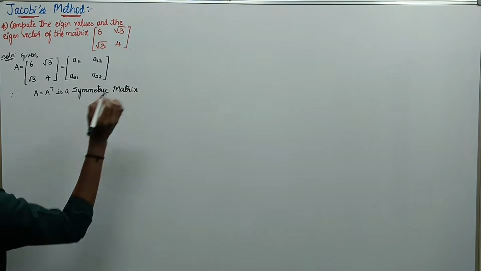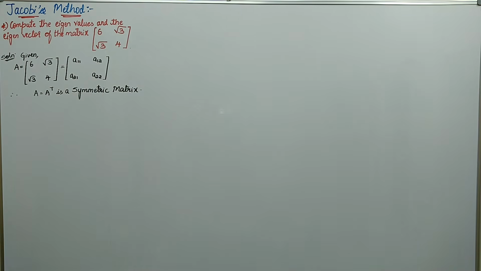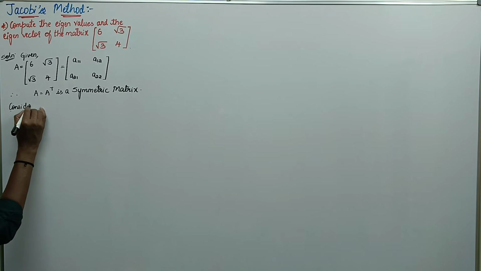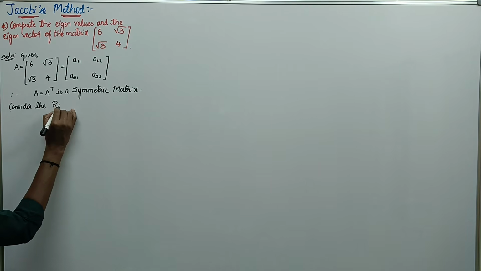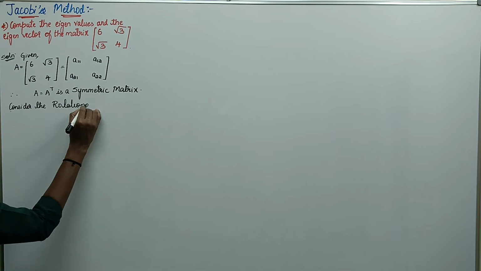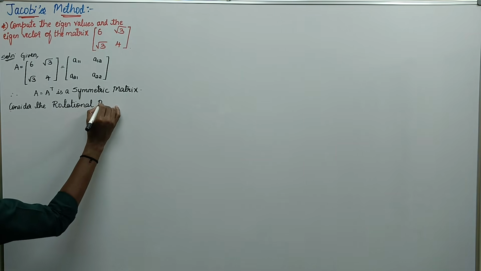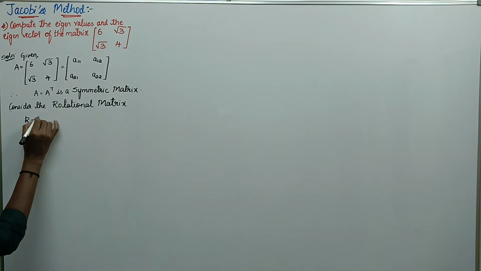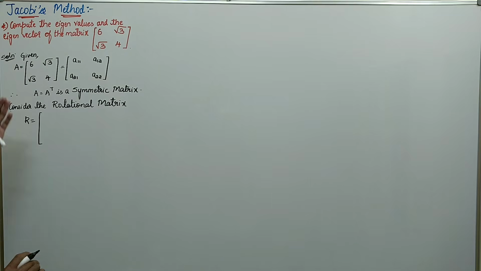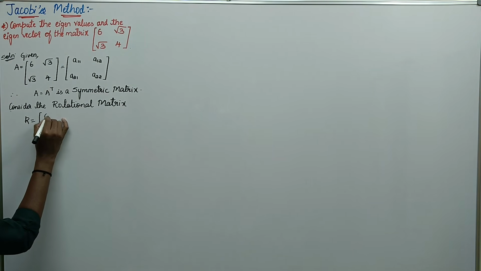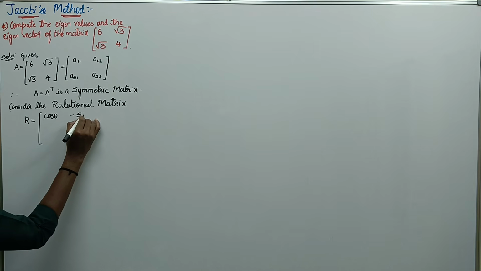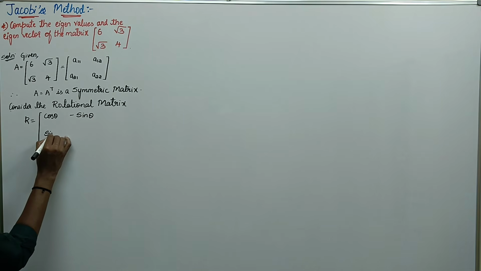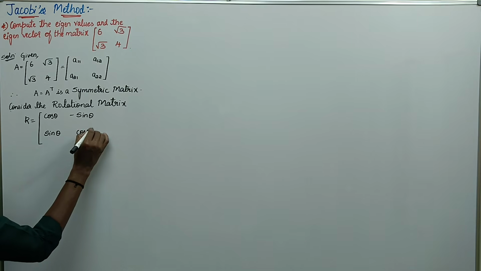Got the point? After finding the symmetric matrix, the next condition is the rotational matrix. Consider the rotational matrix R, where we are going to replace, in place of the 2 cross 2 matrix, cos theta, minus sin theta, sin theta, cos theta.